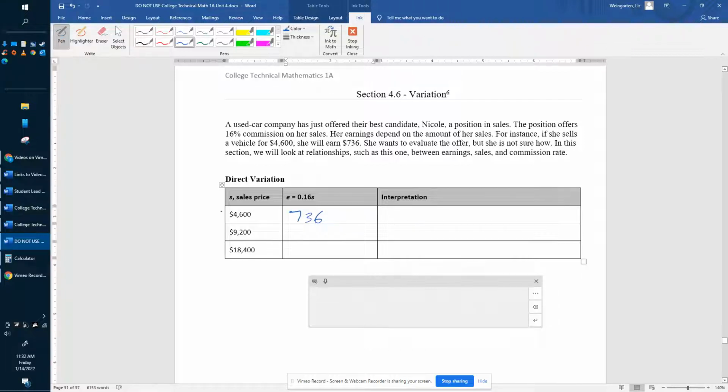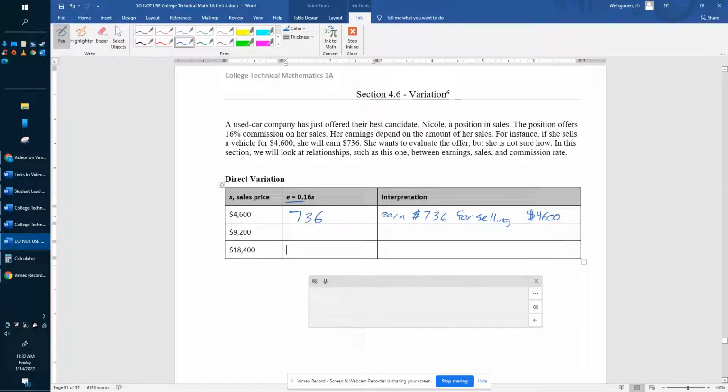So it's simply stated in here that if she sold a vehicle for $4,600, she would get $736. So her interpretation is she would earn $736 for selling a car for $4,600. How about if she sold a car for $9,200?